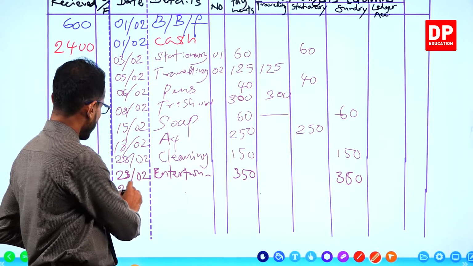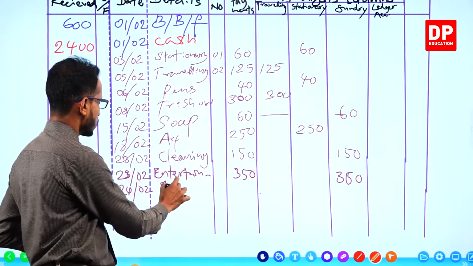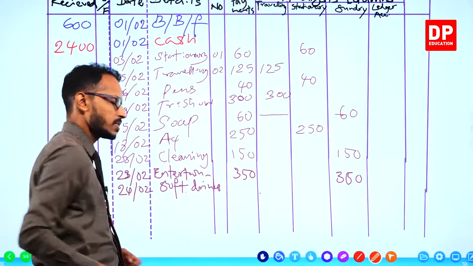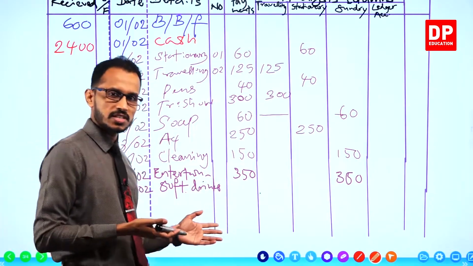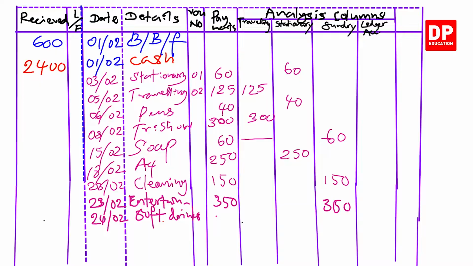Again, next 24th, soft drinks. I told you, right, the tea and coffee and refreshment expenses, soft drinks and all. 220. That is also in the sundry column.